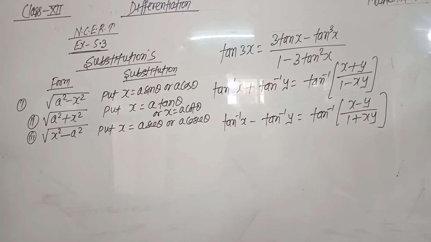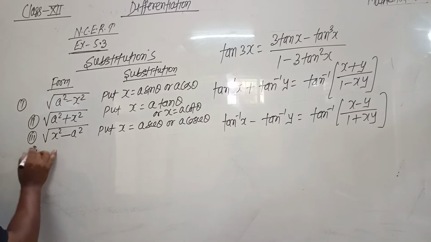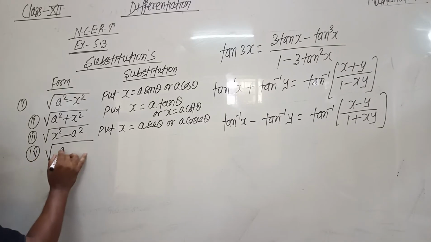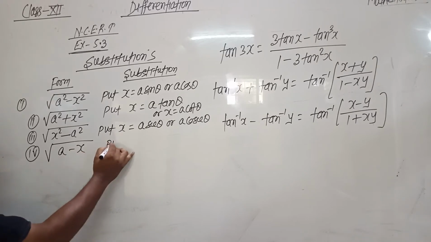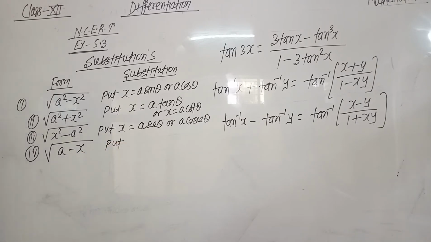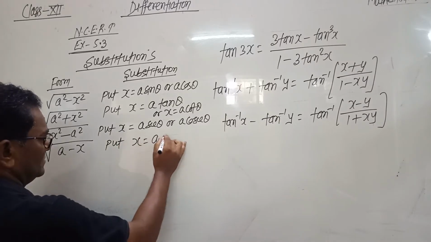If there is a form under root of a minus x, then we put x equals a cos 2 theta.